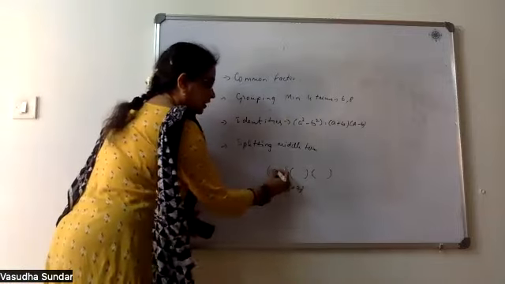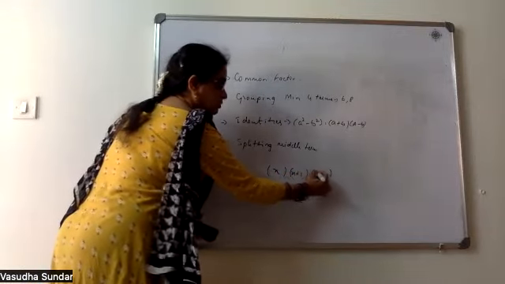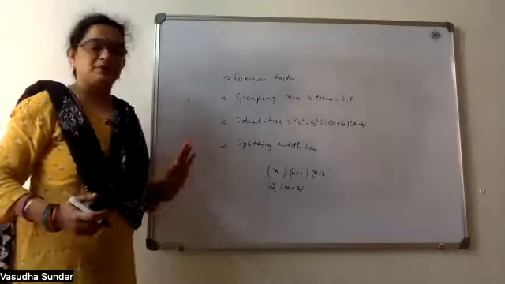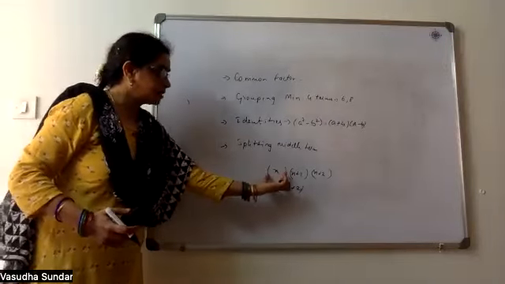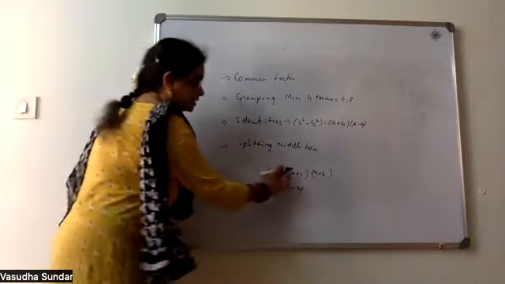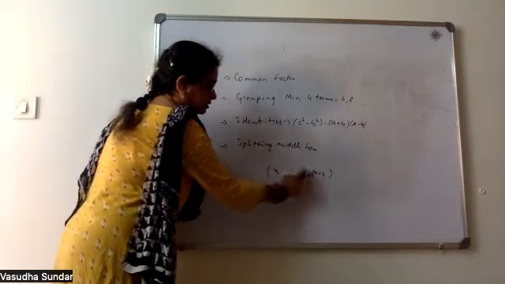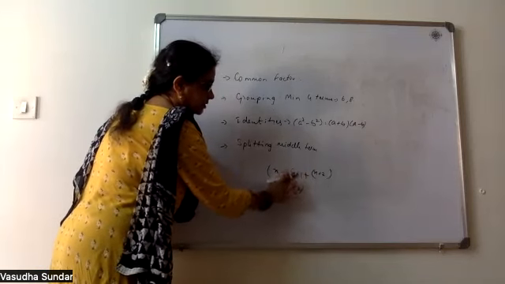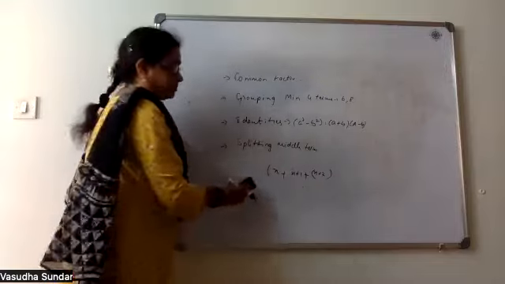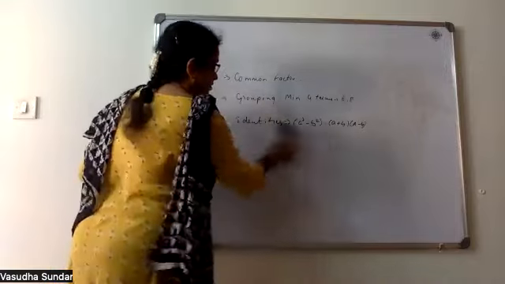Or it can be x into x plus 1 into x plus 2, like this. It can be one term or multiple terms. But you should express it as a product of expressions. You should not have a plus like this. If you express it like this, then this is not the factorized form. Is it clear till now?